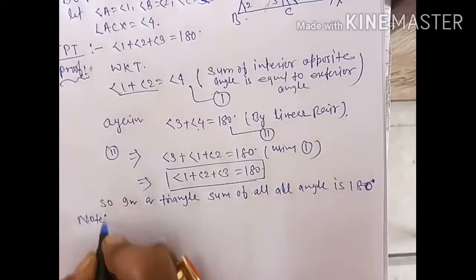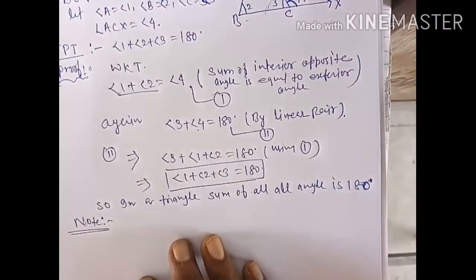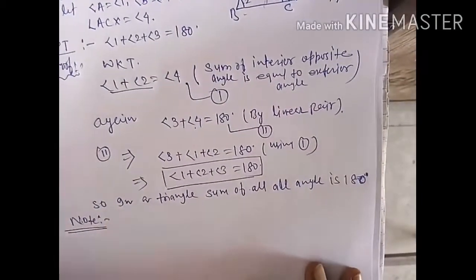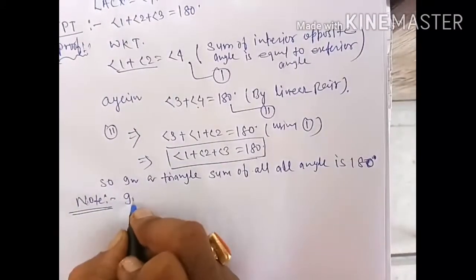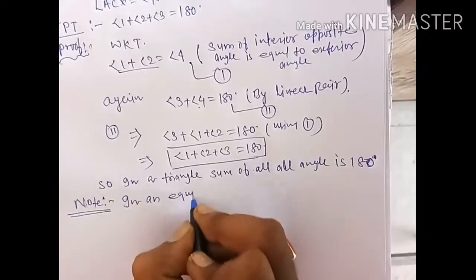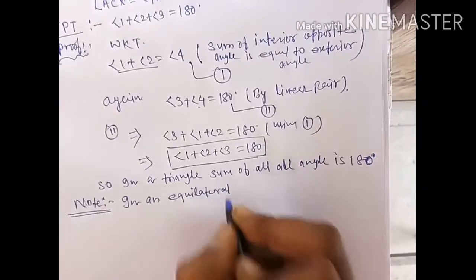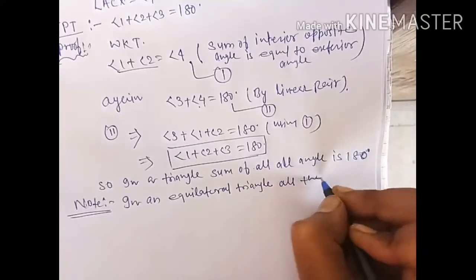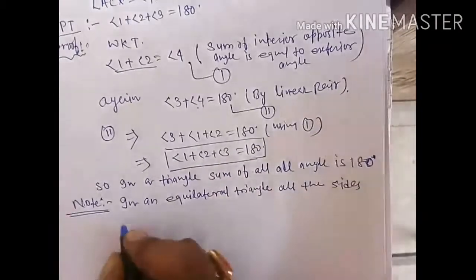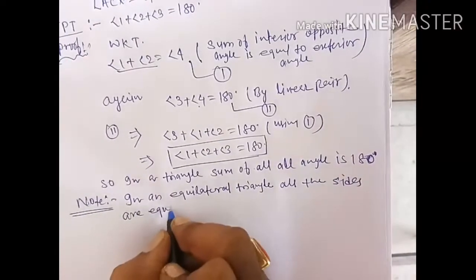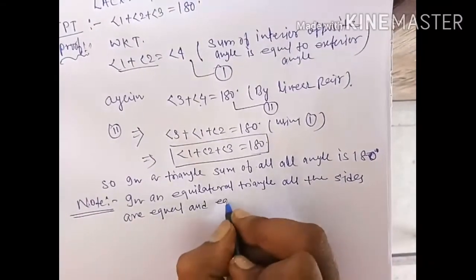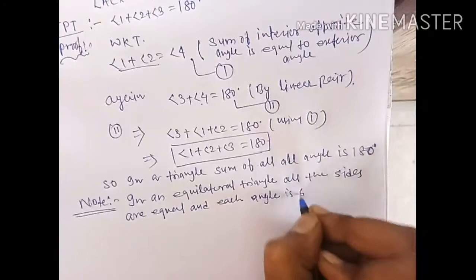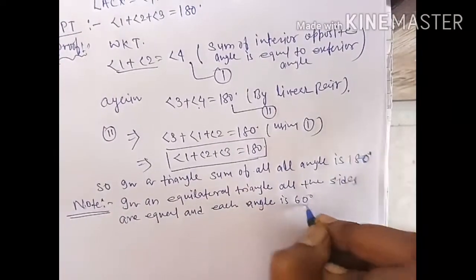Now note, in an equilateral triangle all the sides are equal and each angle is equal to 60 degree.